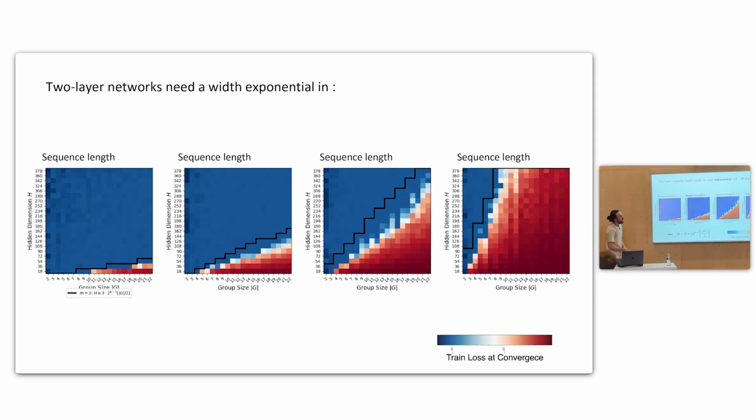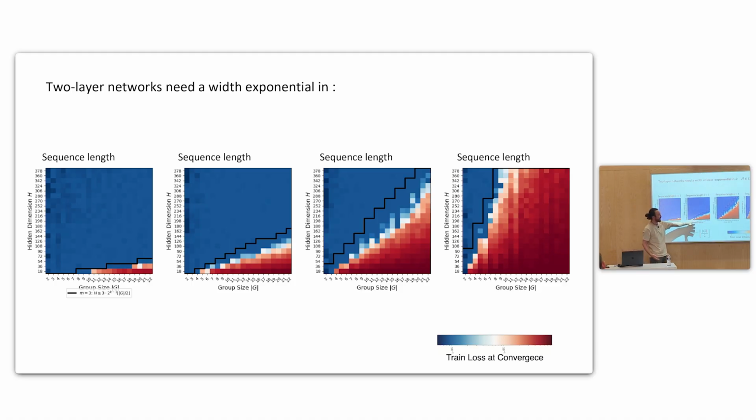And so we can get essentially a lower bound on what we think the minimal width of a two-layer network is as a function of k. What I'm showing you here is the training loss at convergence. Red means it didn't learn. Blue means it did learn. And I'm looking at changing the group size and the hidden dimension for different lengths of k. So as in the beginning, with 6 neurons per irrep, I can learn it.